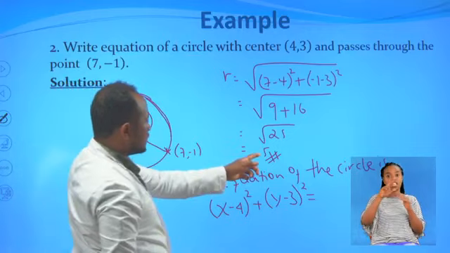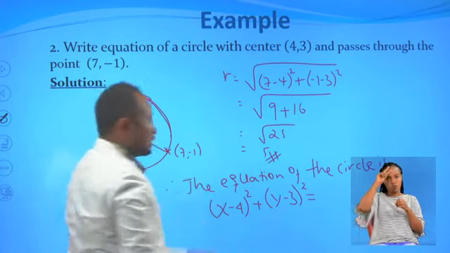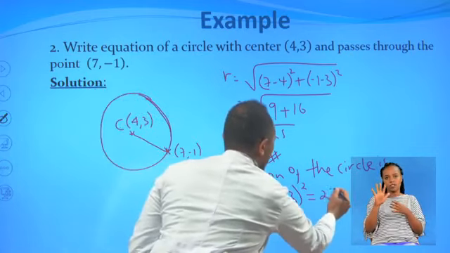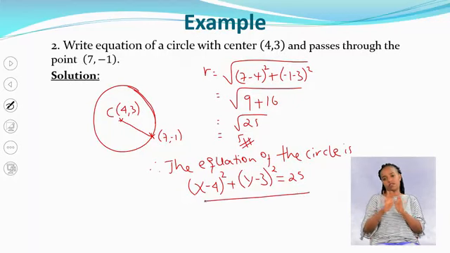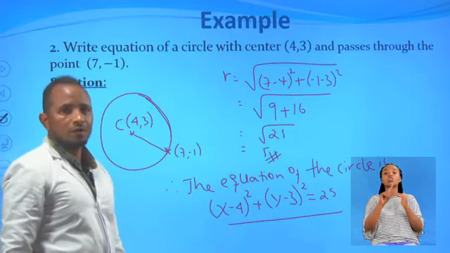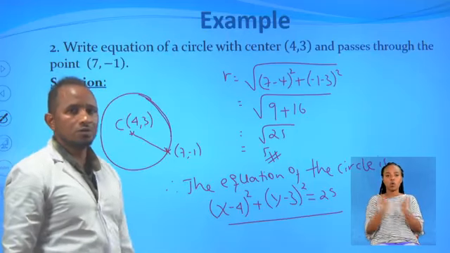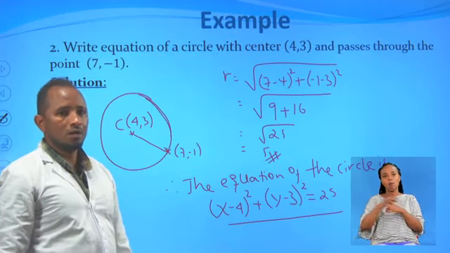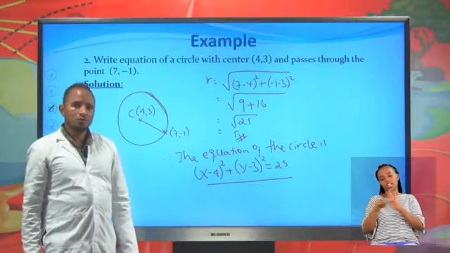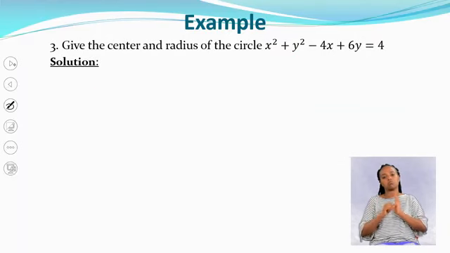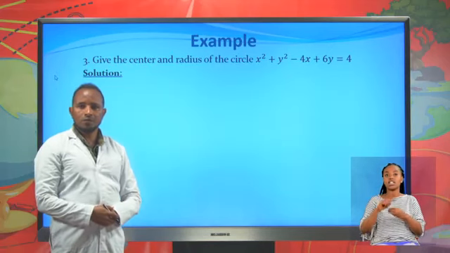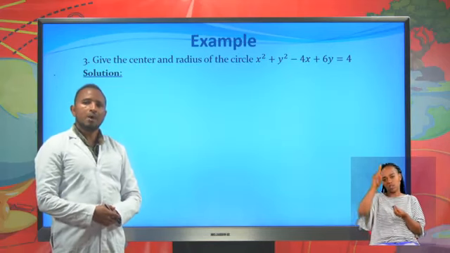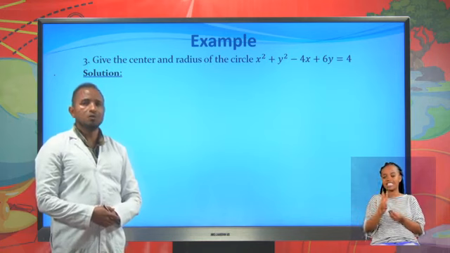The radius we have found is 5, and when you square it, the answer is 25. So this is the equation of a circle with center 4, 3 passing through the point 7, negative 1. Now let's continue to the next example. Here it says, give the center and radius of the circle x squared plus y squared minus 4x plus 6y equals 4.